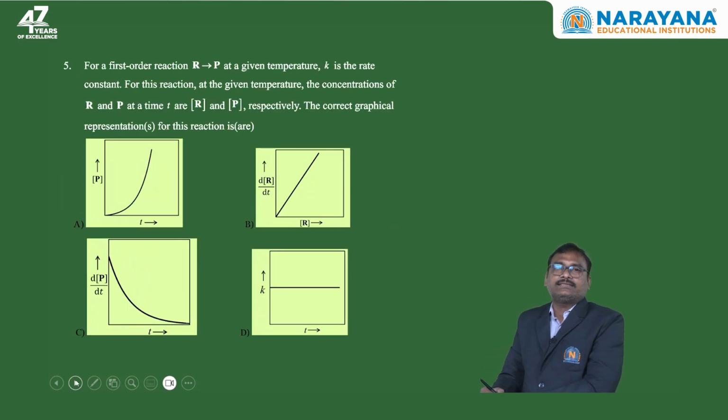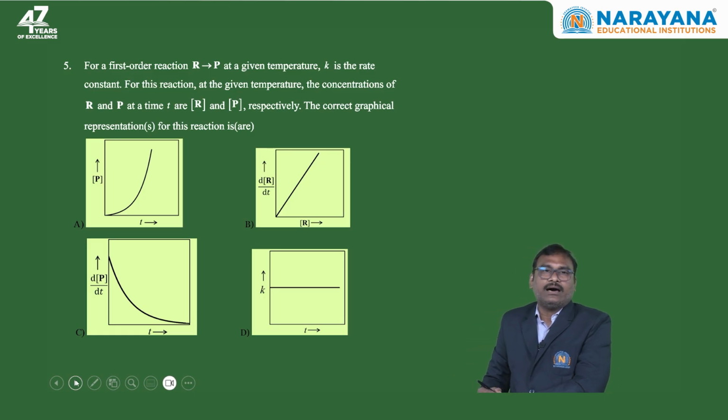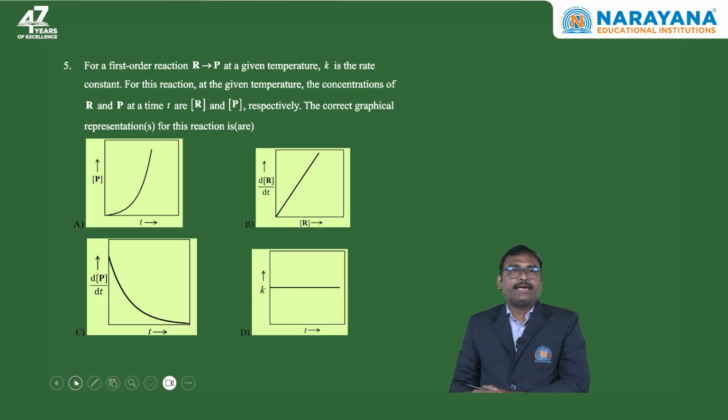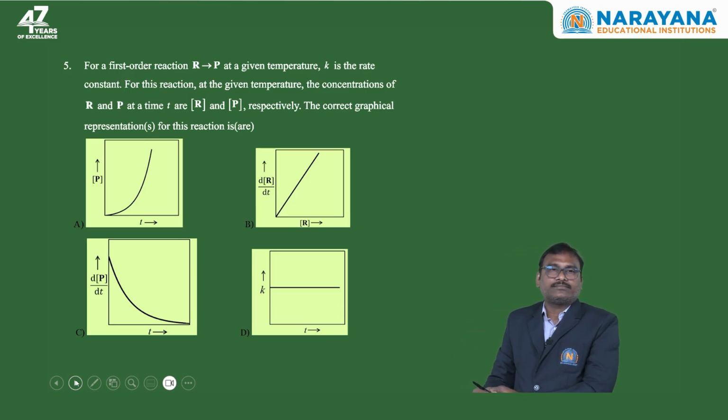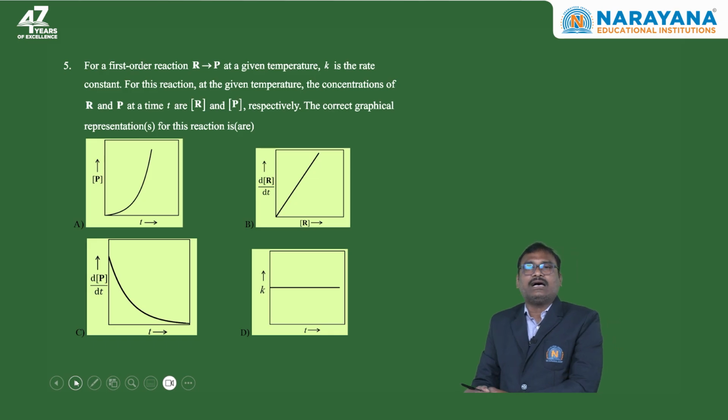Yes, this is a question based on the chemical kinetics chapter. For a first order reaction, reactant R becomes product P at a given temperature. K is the rate constant. For the reaction at the given temperature, the concentrations of reactant and product at time t are given as concentration of R and P respectively. The correct graphical representations for the reaction R to P are?